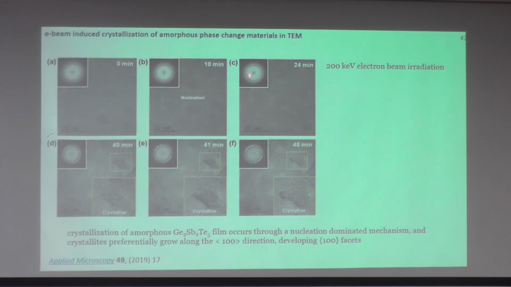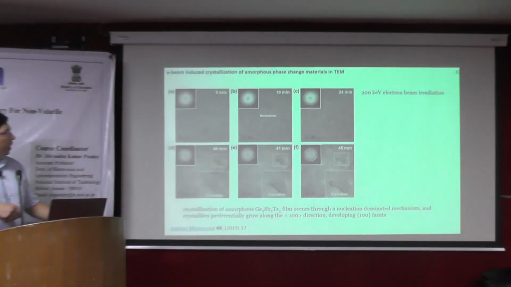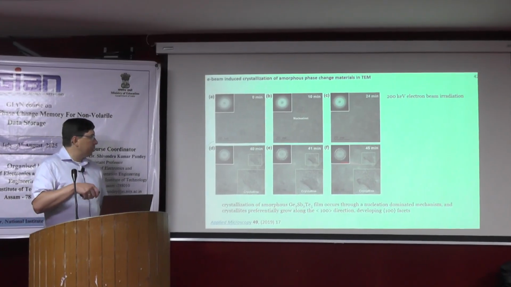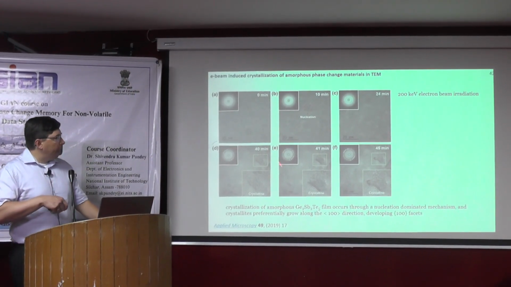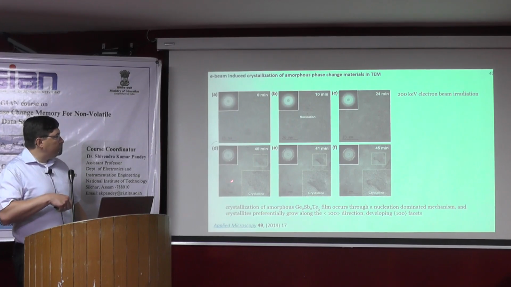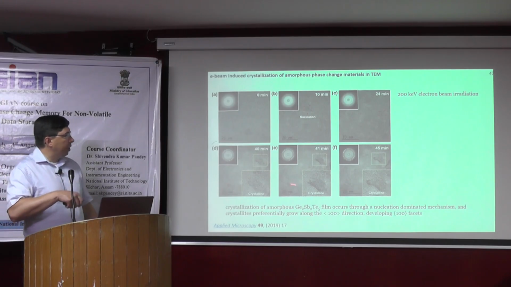And after 24 minutes, there is also the formation of several crystallites, and then the process proceeds, with the formation of more crystallites in this GST 2 2 5 material.